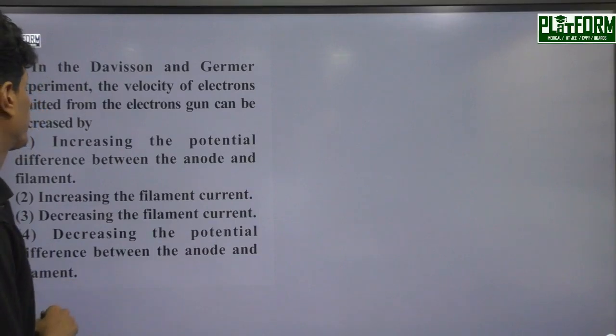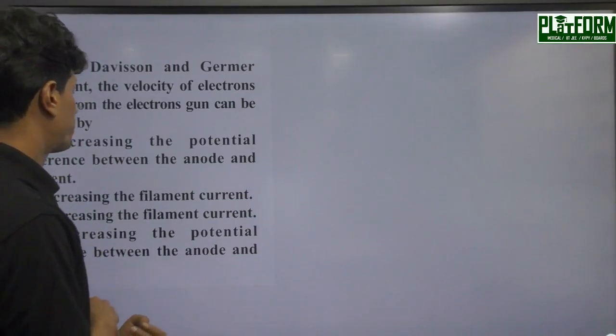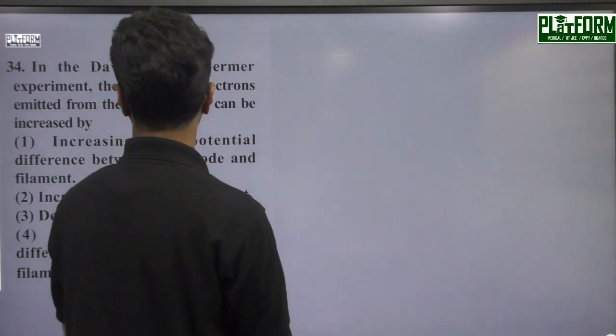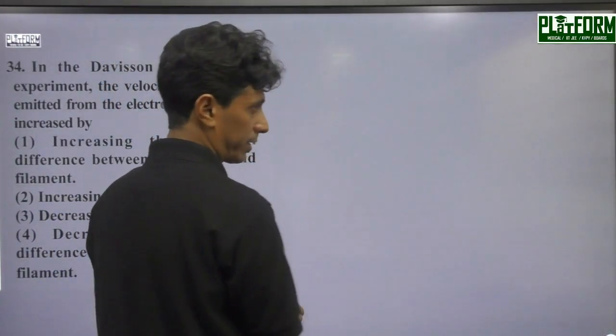Next problem. In the Davisson-Germer experiment, the velocity of electrons emitted from the electron gun can be increased.